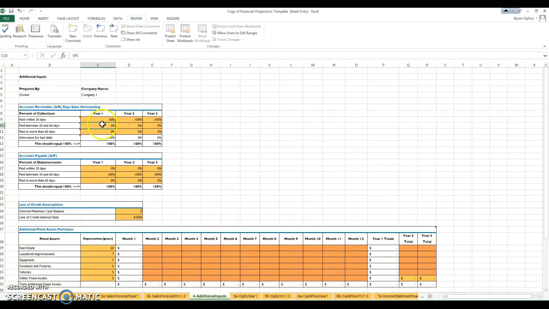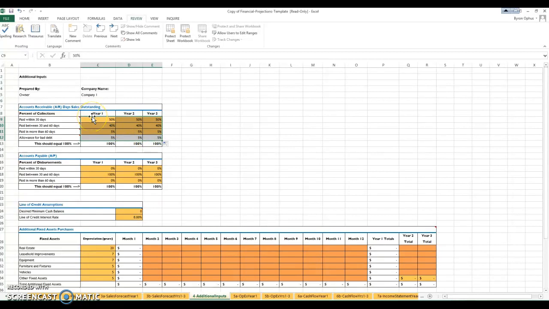But you might have some people that are a little bit slower in paying, and that might be 40% of the people. And you might have 5% that are really slow, and you might actually have 5% that don't pay you at all, so they become bad debts. That's how you'd put that in. It has to add up to 100%. This 5% for the bad debts is going to show up on our income statement, and it'll automatically calculate that for you.